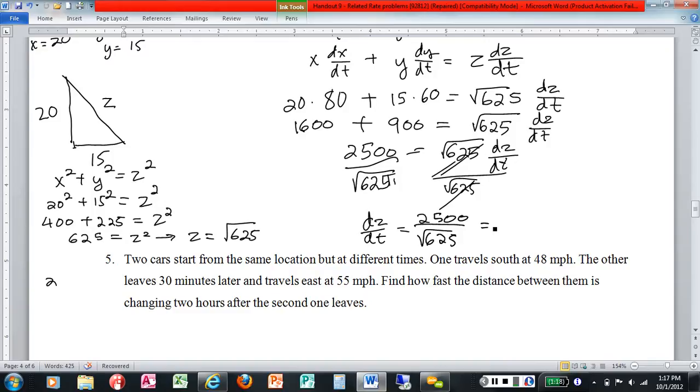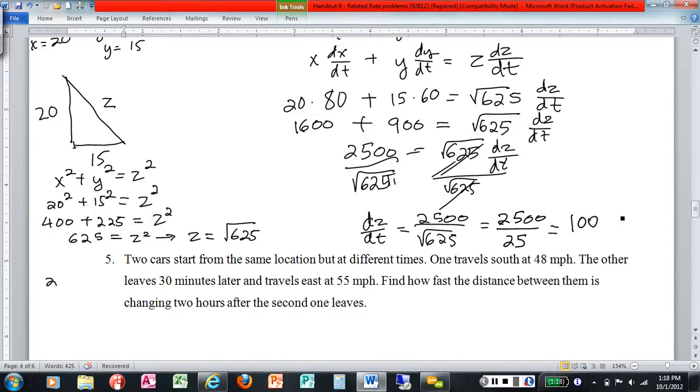Oh, square root of 625 is 25, isn't it? I should have done that before. I was thinking that square root wasn't a nice one, but the square root of 625 is 25, so 2,500 divided by 25 is 100.